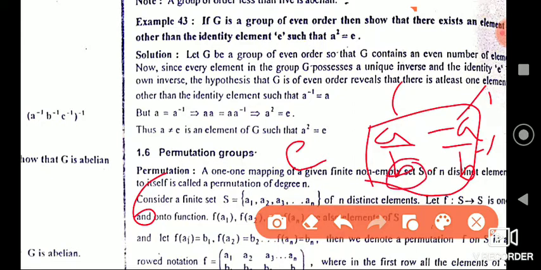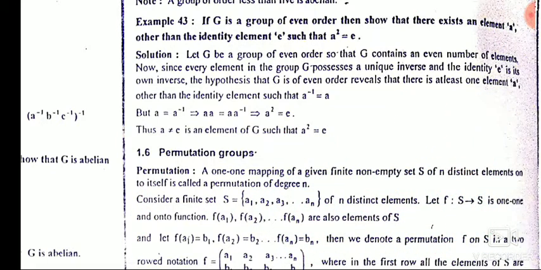Then another element B has B inverse as its inverse, so 4 elements over. Then the 5th element is the identity. Then there exists some other element C which does not have any other element as its inverse. Then it should be its own inverse, right? That's what they're telling here.